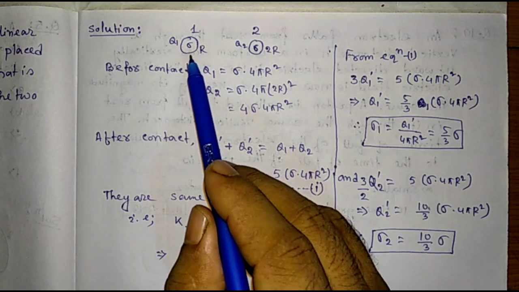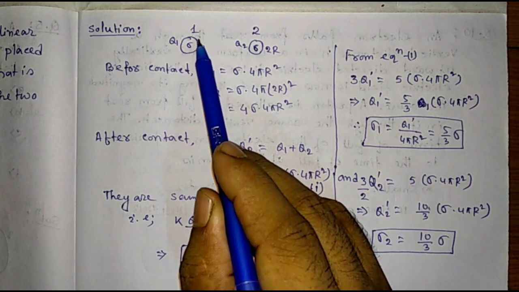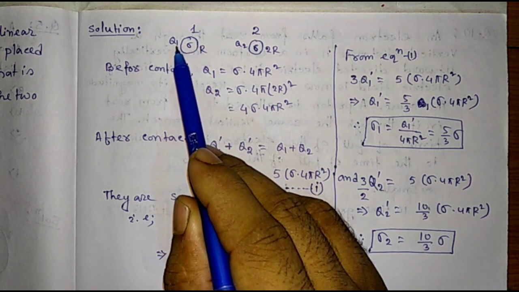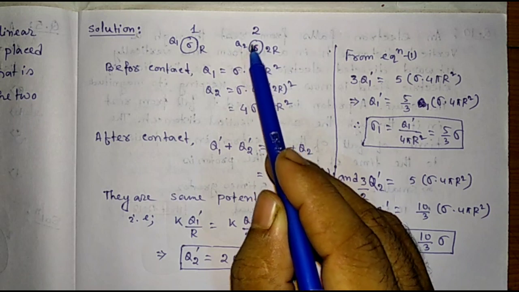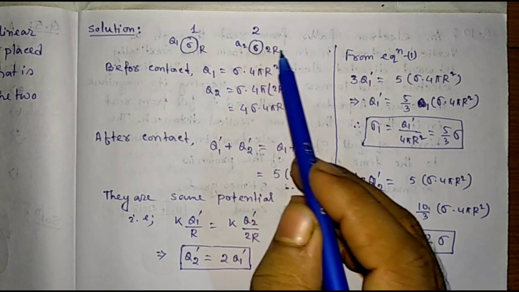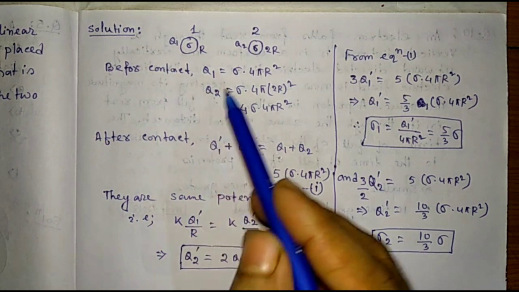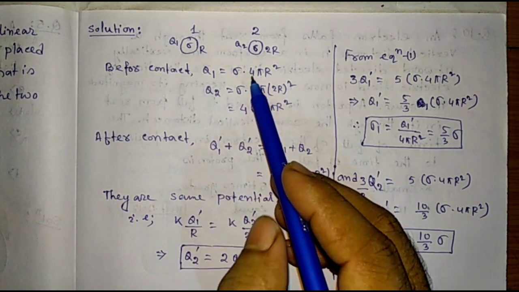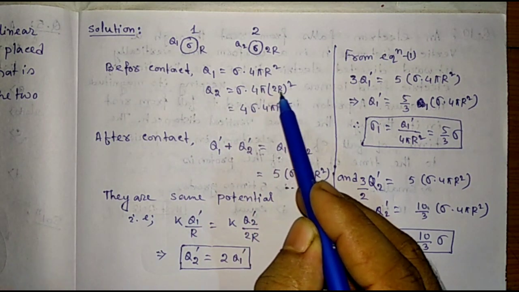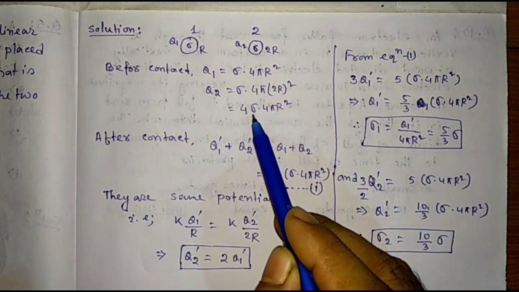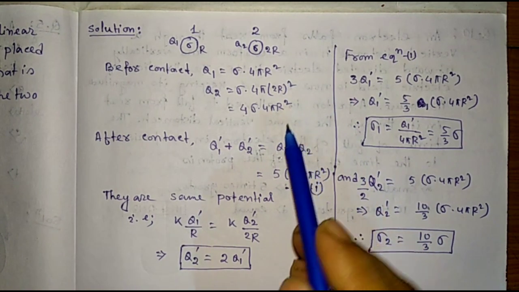Now we consider the total charge distributed over the first sphere is q1, and for the second sphere the total charge distributed over the sphere is q2. Now before contact, q1 is sigma into 4 pi r square, q2 is sigma into 4 pi 2r square, which is 4 into sigma into 4 pi r square, we can write.